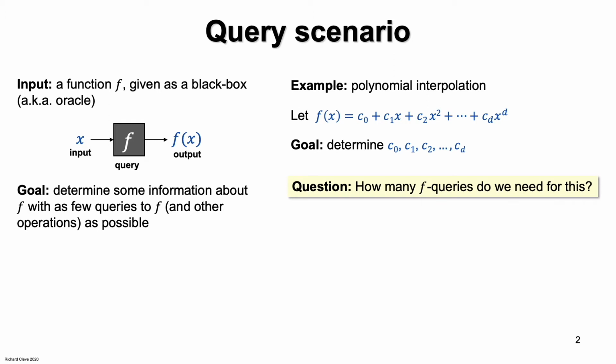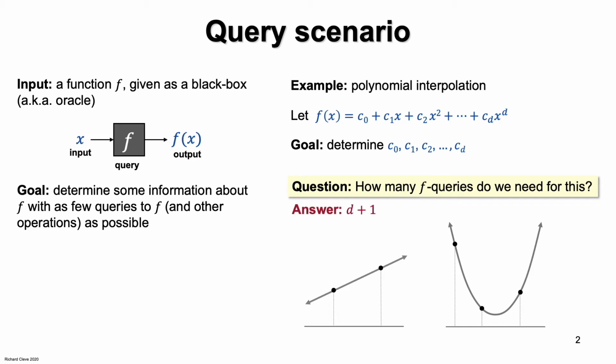At how many points do we have to evaluate f to figure out which linear function it is? Evaluating f at just one point is not sufficient, but evaluating at any two distinct points is sufficient. And if f is quadratic, then 3 evaluations are necessary and sufficient. In general, if f is a degree d polynomial, then the number of queries that are necessary and sufficient to interpolate the polynomial is d plus 1.